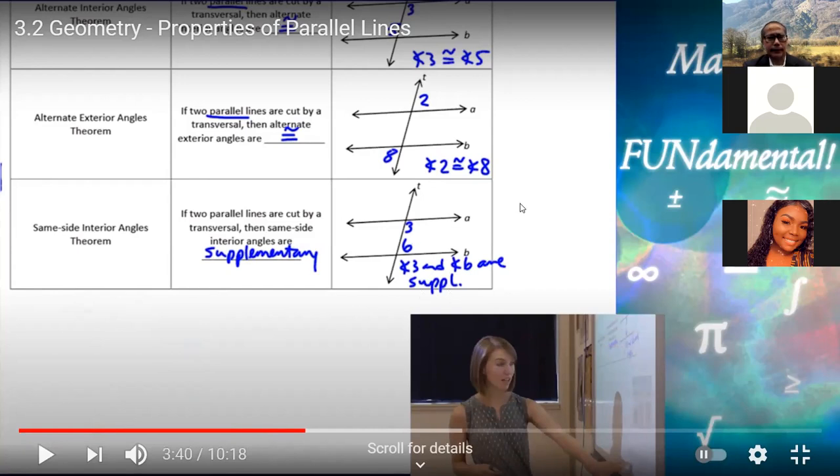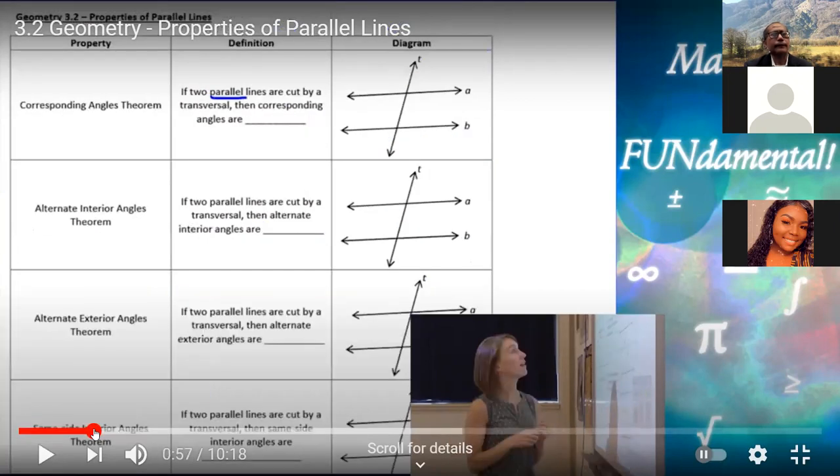Okay, so do you have any questions? So we have the corresponding angle theorem. If two parallel lines are cut by a transversal, then corresponding angles are congruent.